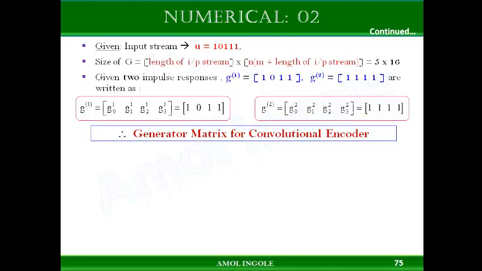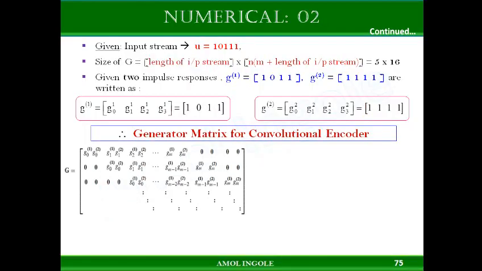Let us construct the generator matrix for the convolution encoder. This is what we have already discussed: the first row of the generator matrix is obtained by interlacing the generator sequences G1 and G2. The first bit of G1 is 1, the first bit of G2 is 1.